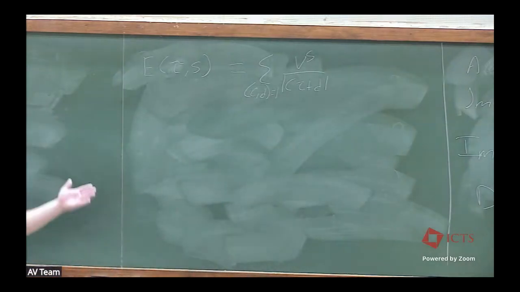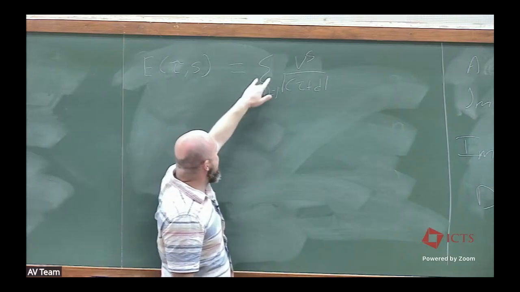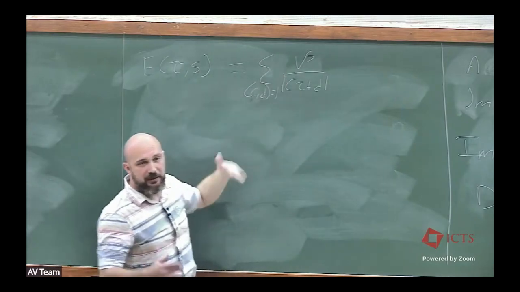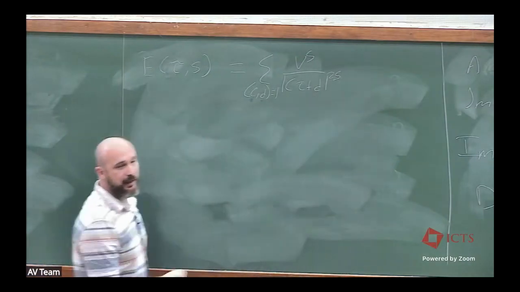Or sometimes this is written as a sum over all pairs m and n that are just non-zero. It just changes by a factor of a zeta value. But this is a very standard Eisenstein series. Oh, I should write this. I'm missing a 2s there. Okay. So this is a standard weight zero real analytic modular form.